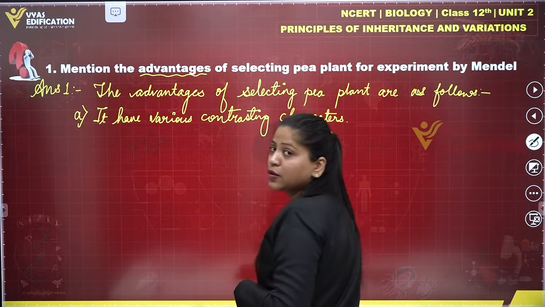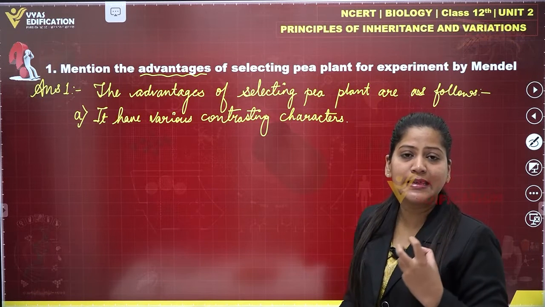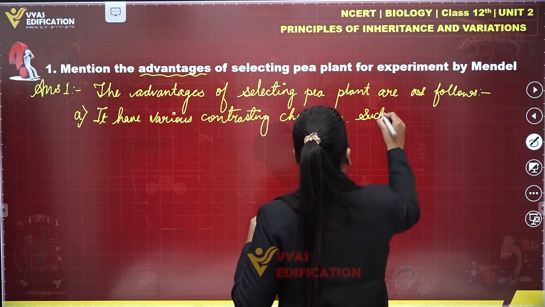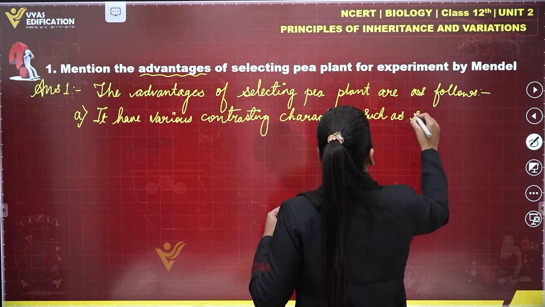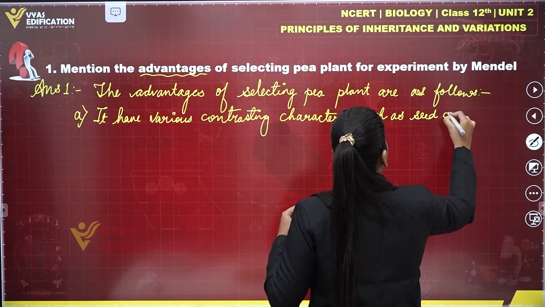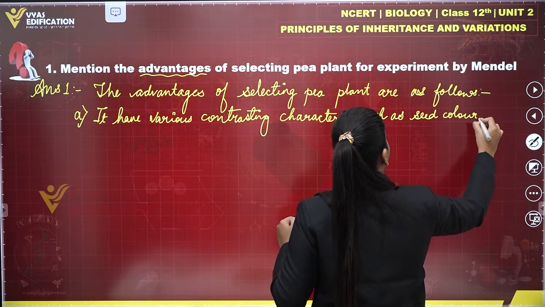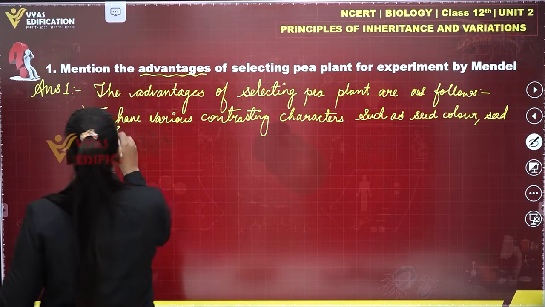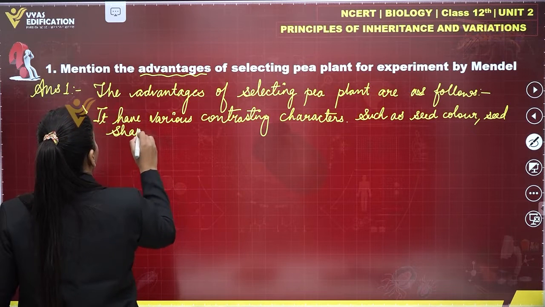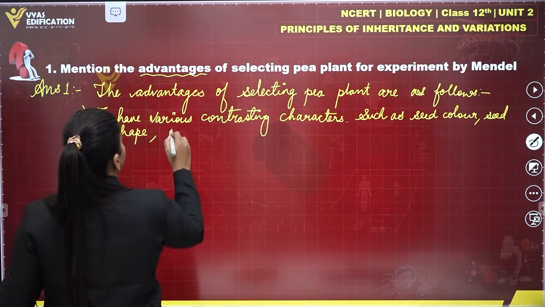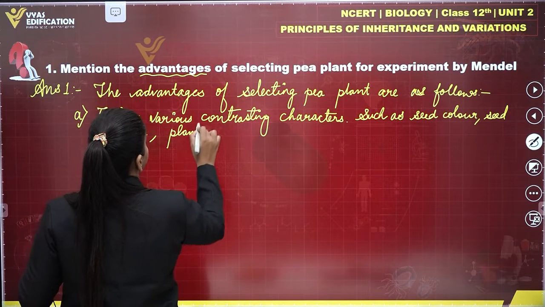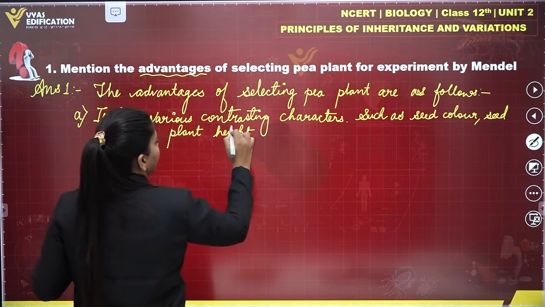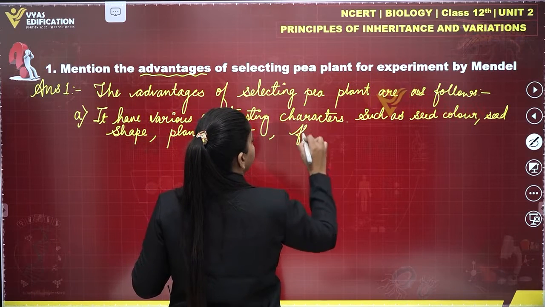It has various contrasting characters such as seed color, seed shape, plant height, and flower.